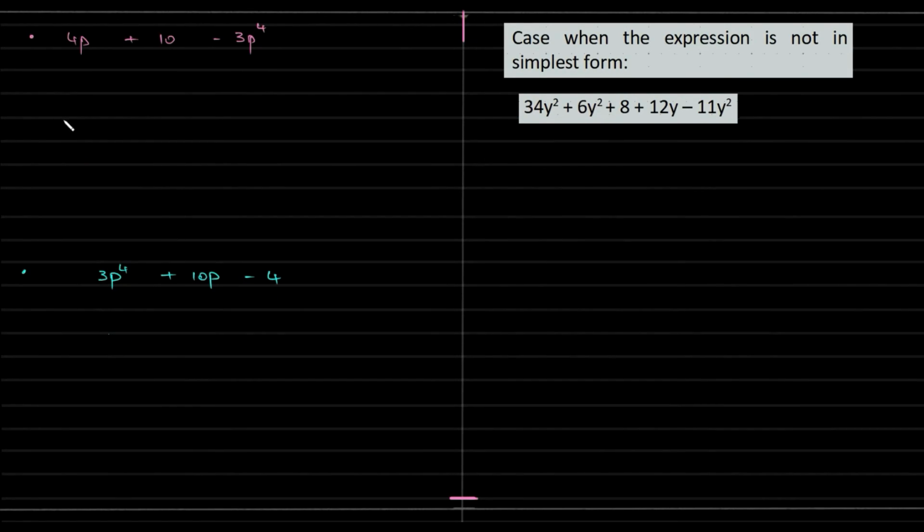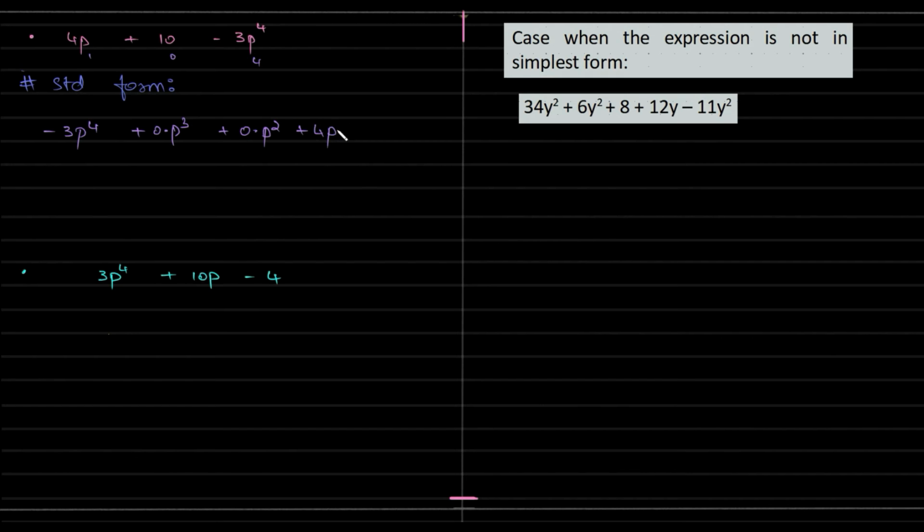Next two questions. You can please pause it and try doing this. We have 4, 1 and 0. So minus 3p to the power of 4 plus 0 into p cube plus 0 into p square. Again, cube and square terms are missing, is it not?